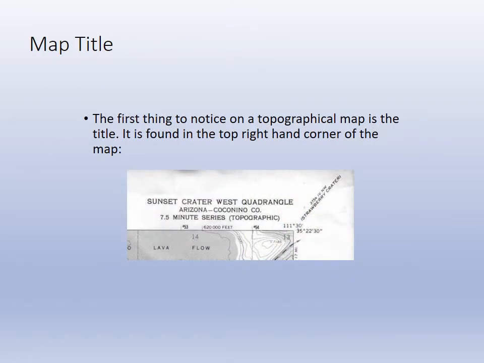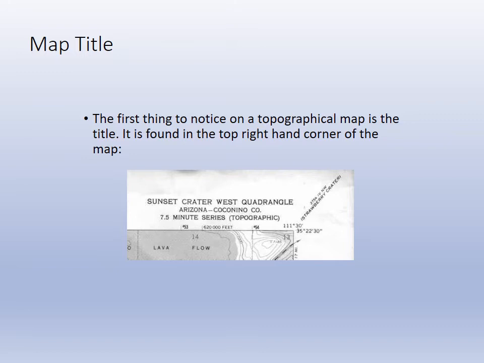In the upper right-hand corner of most topographic maps, you get the title. It's called a quadrangle because it has 4 angles. You're giving the state. 7.5 minutes refers to a degree being divided into 60 minutes, and 60 minutes is divided into 60 seconds.